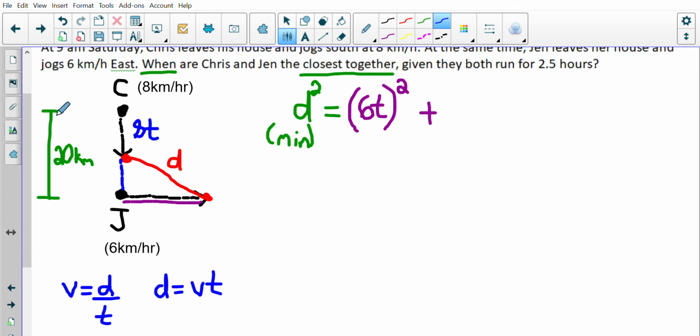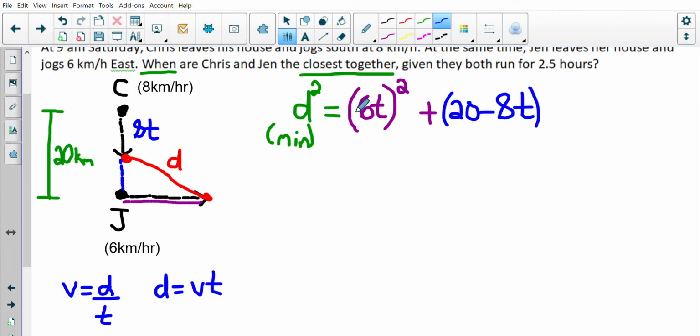Well, again, there's 20 kilometers between Chris and Jen. And so this blue line would be 20, but take away 8t, whatever distance Chris has traveled. So the blue line here is going to be that 20 kilometers minus however far Chris has traveled, which again is velocity times time.